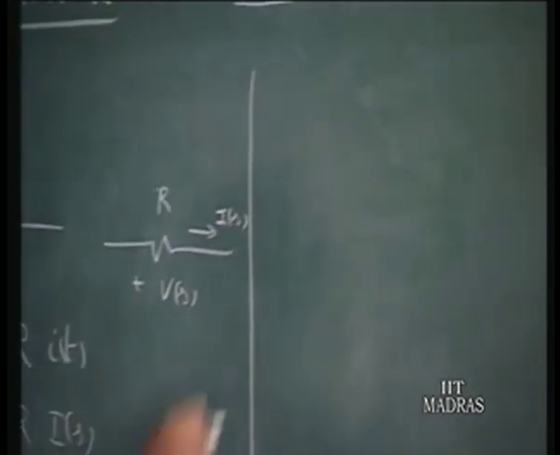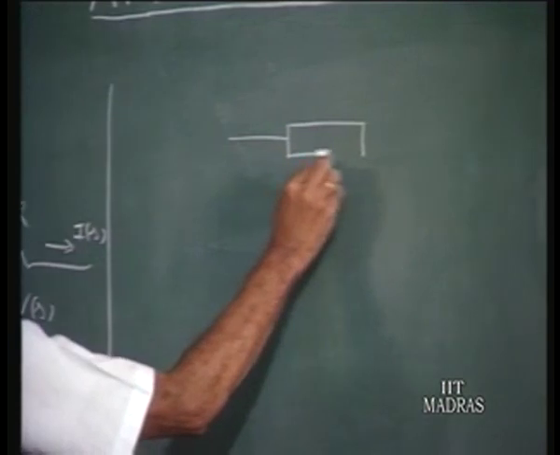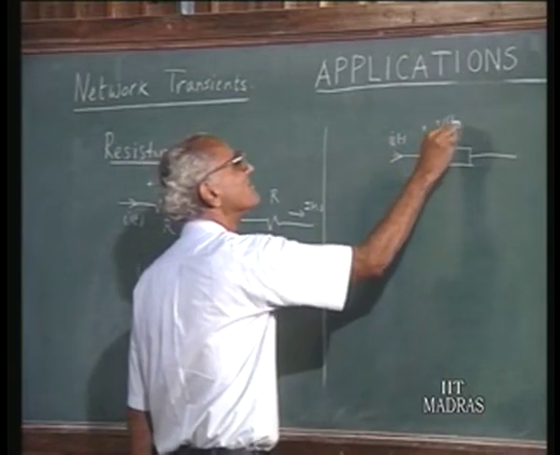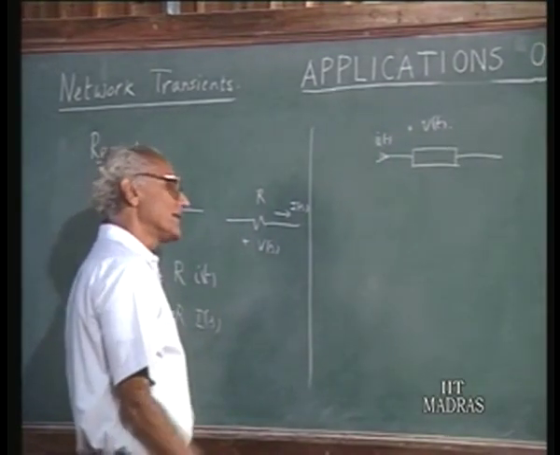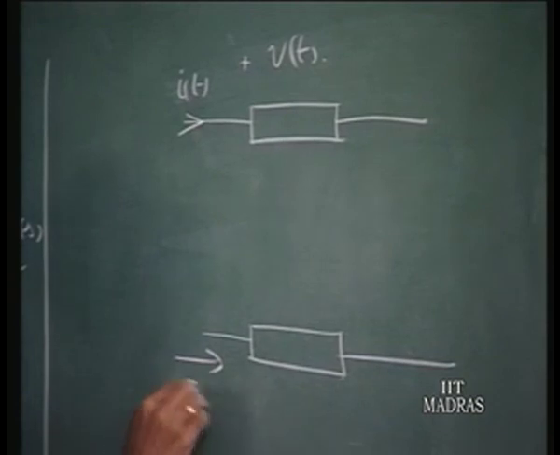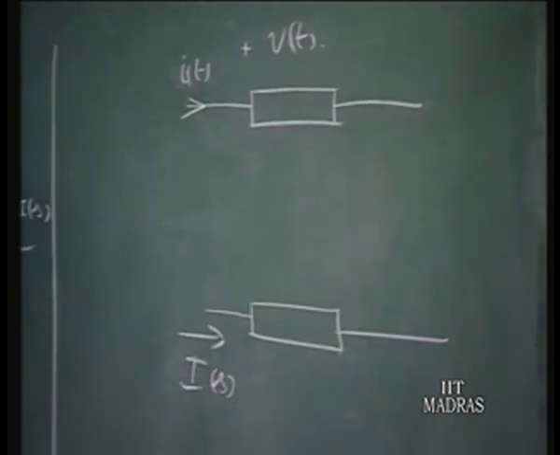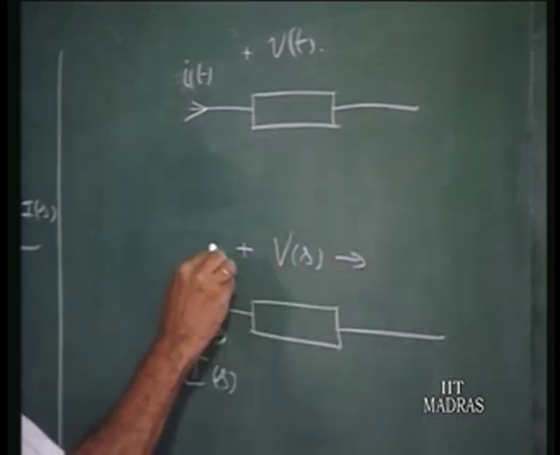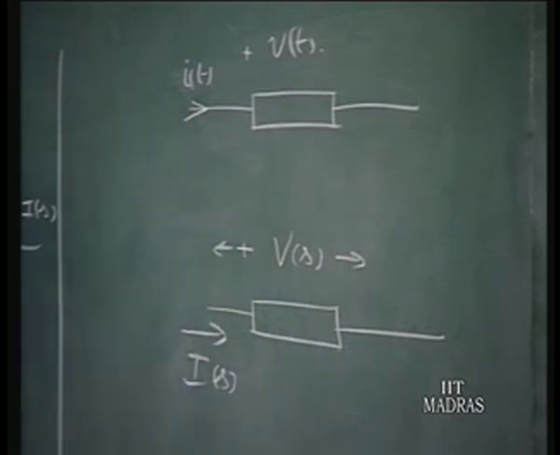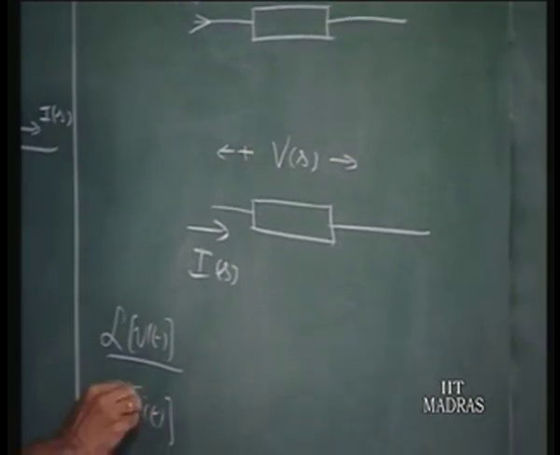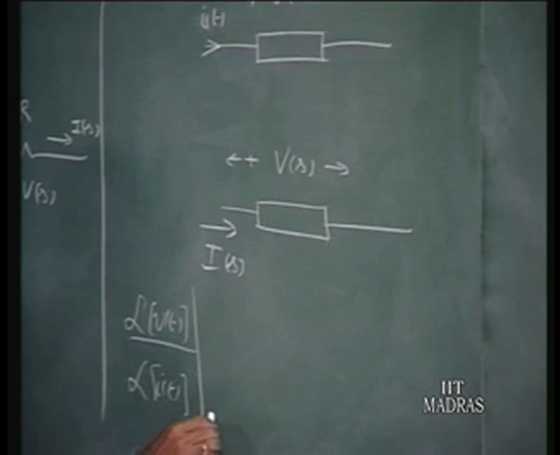So in general, if we have a general element like this, and this is i(t) and this is v(t), in the transform domain we have the Laplace transformed current as the current variable and the Laplace transformed voltage as the voltage variable, and the ratio of the Laplace transform of voltage to the Laplace transform of the current, let us say with 0 initial conditions.